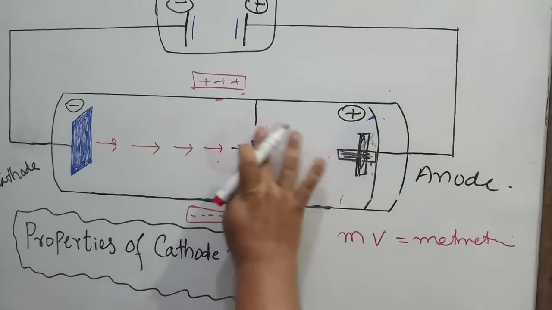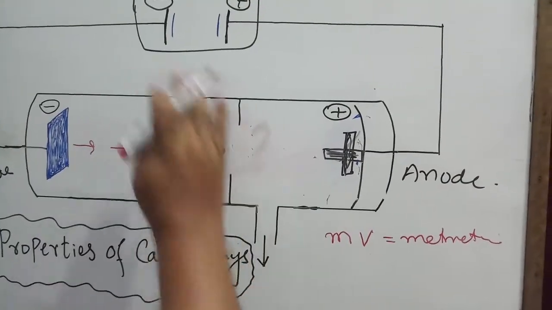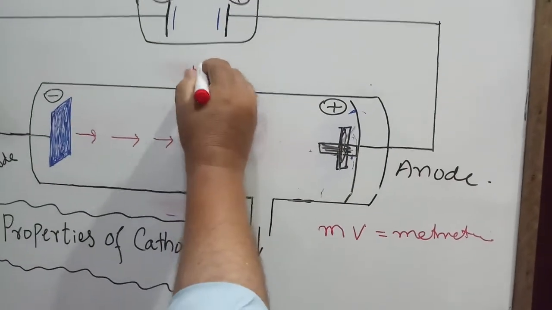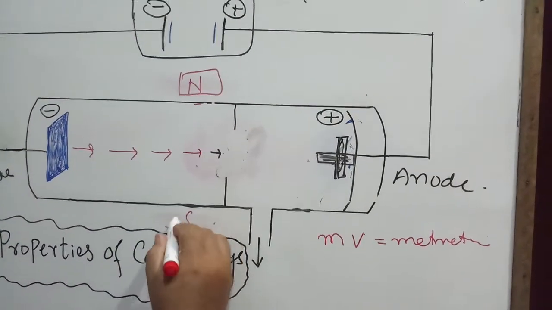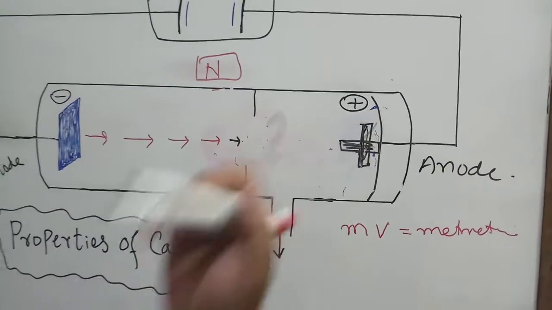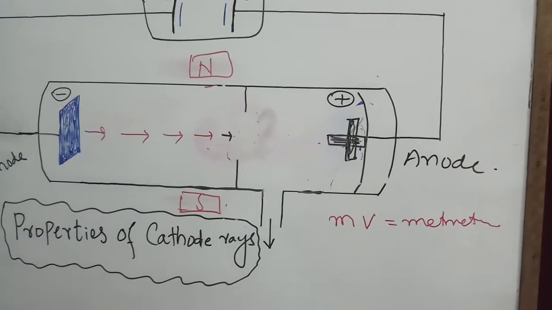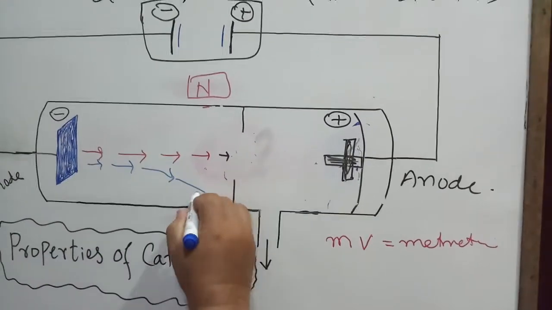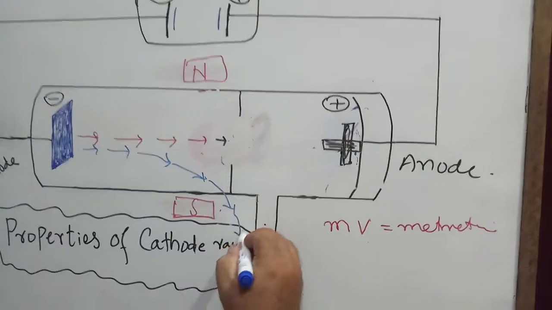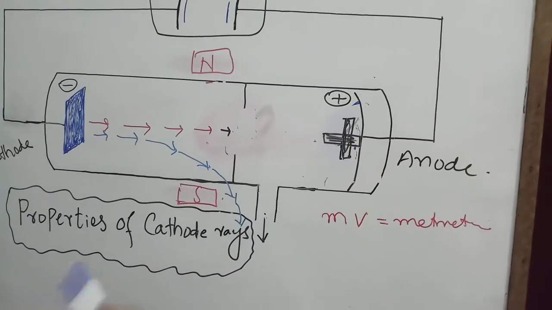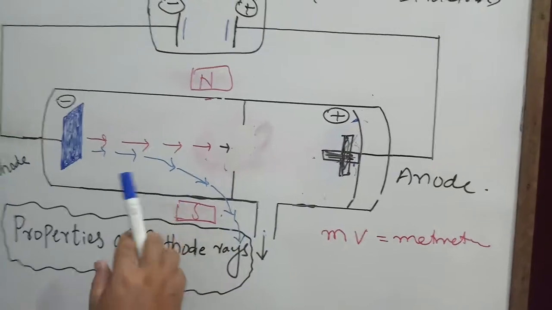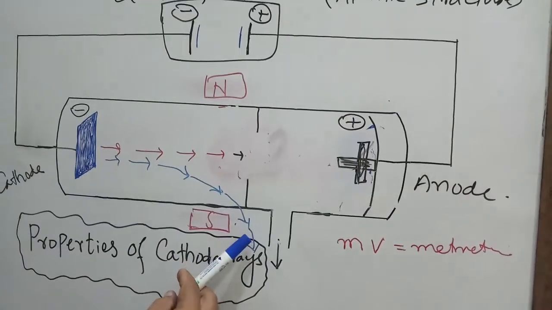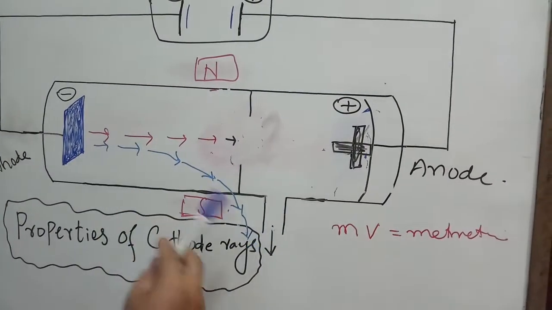Similarly, when a magnetic field was applied, not an electric field, the cathode rays moved in a curved path. A magnetic field has north and south poles. A magnetic field can move any particle which has some charge in a curved path.